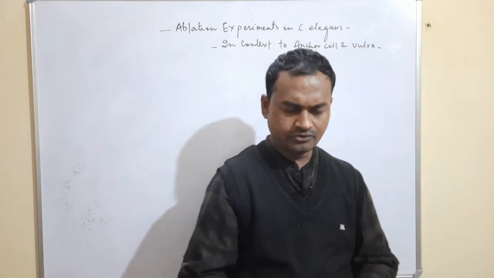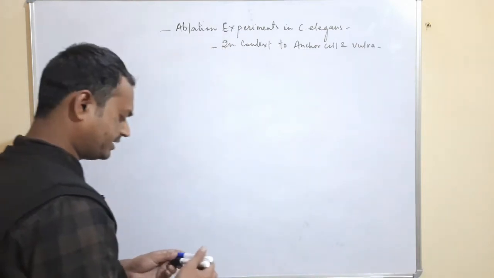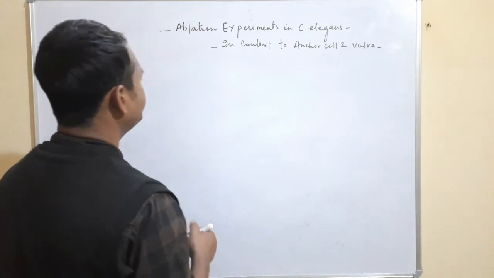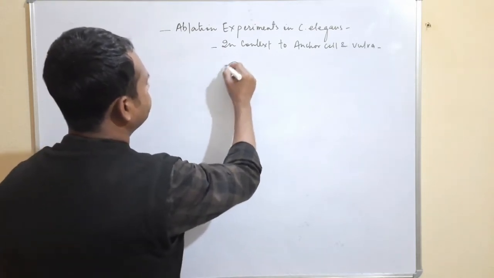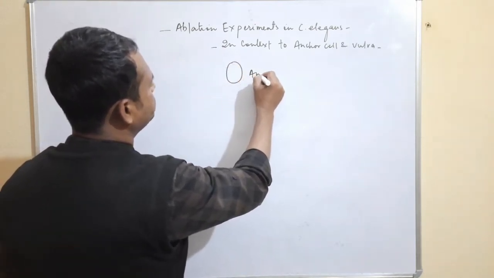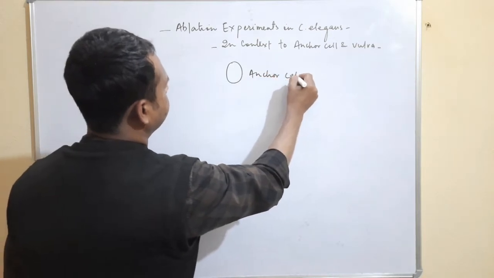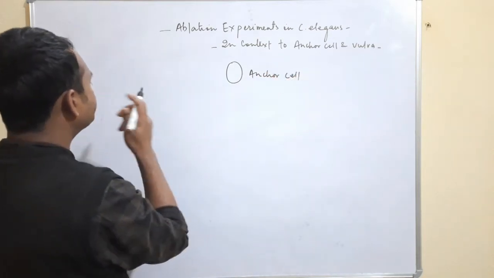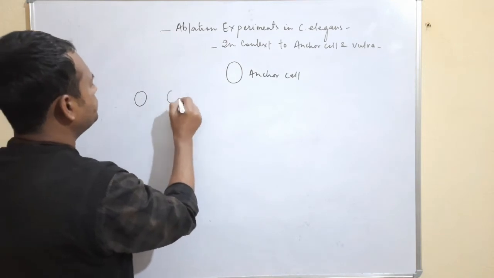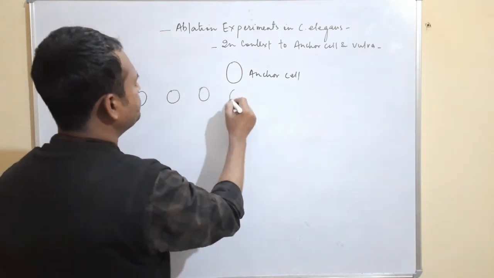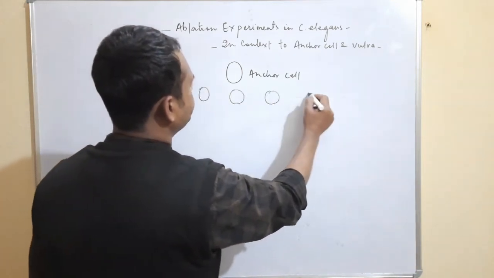Till now, in the wild condition, we know there is an anchor cell. Suppose this is the anchor cell, and here are P3P, P4P, P5P, P6P, P7P, and P8P.